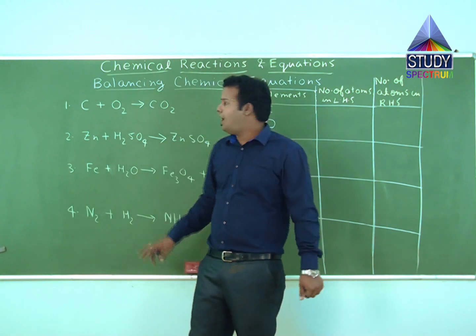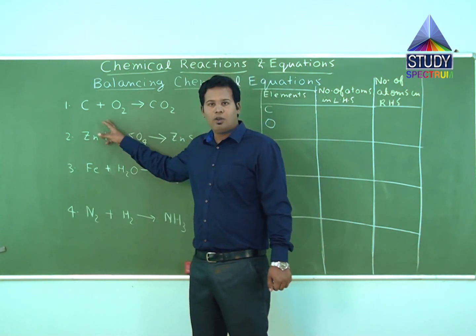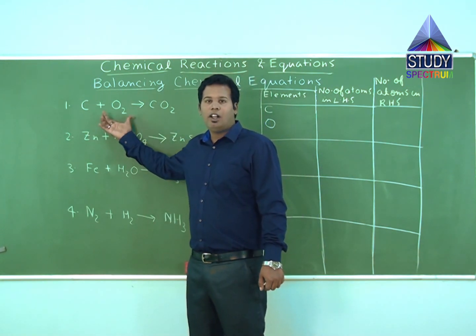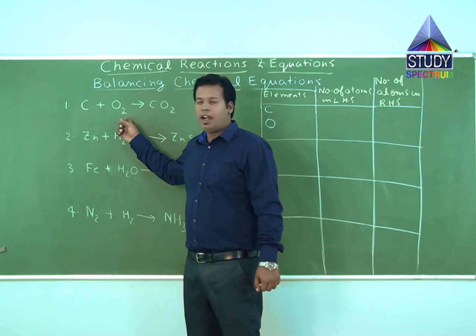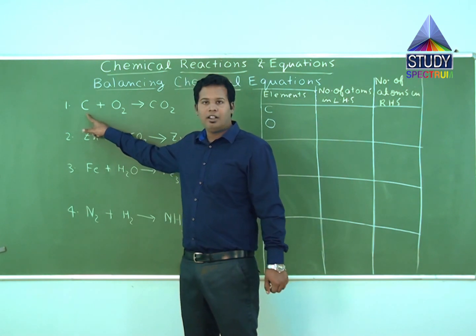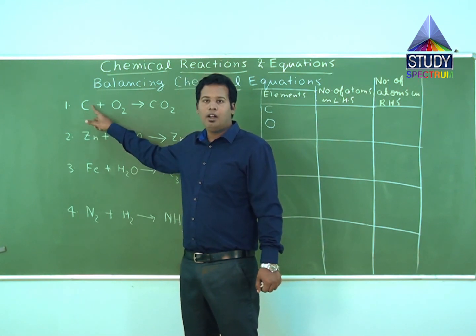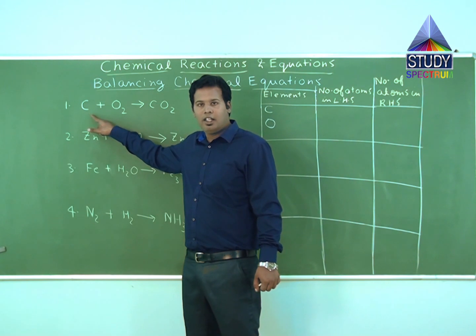Now what is the number of atoms of carbon present on the left hand side? If you see over here on the left hand side, you can see only 1 C written. Since the number has not been mentioned along with the letter C, it means the coefficient of C will be 1.